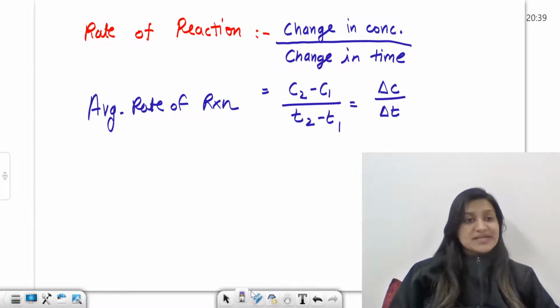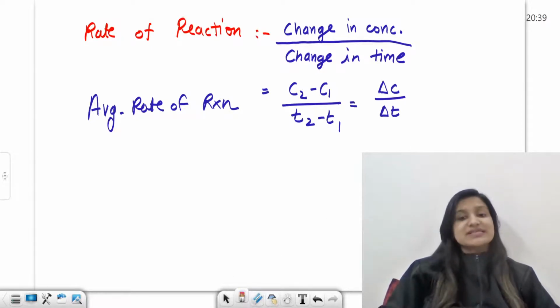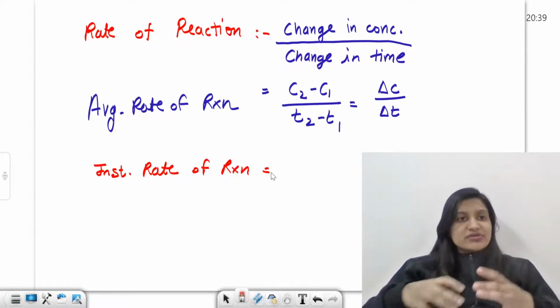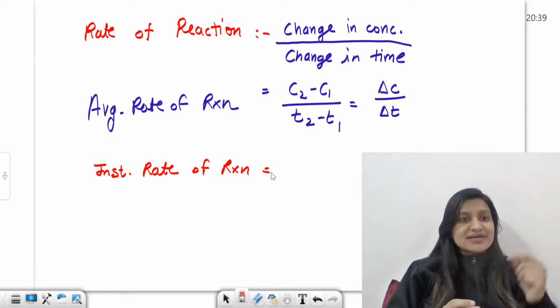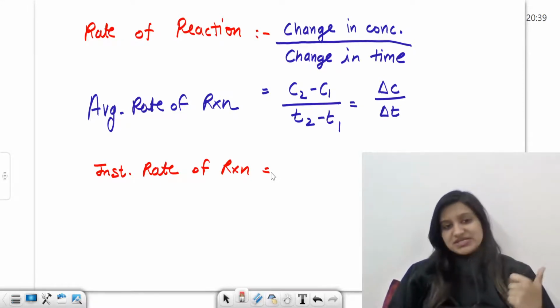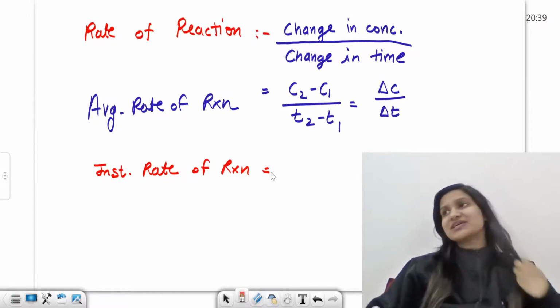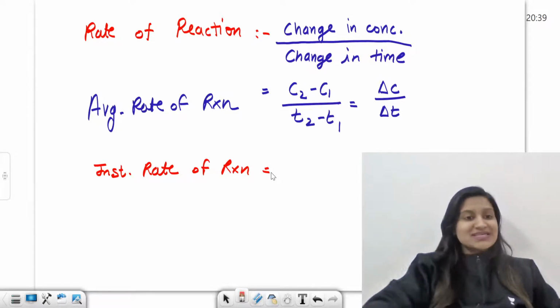But if we want the instantaneous rate of reaction, it means you want to know the rate of the reaction at a particular instant, at a particular moment. And what happens in the case of instantaneous speed?